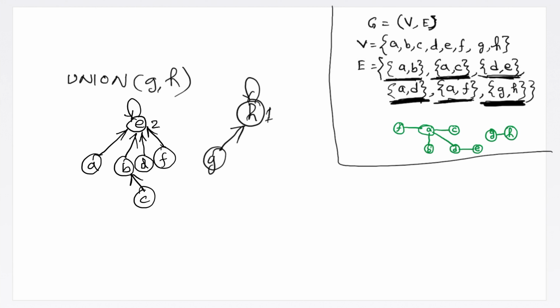When we use both union by rank and path compression, the worst case running time is big O of m alpha n, where m is the number of make-set operations and n is the total number of make-set, union, and find-set operations.